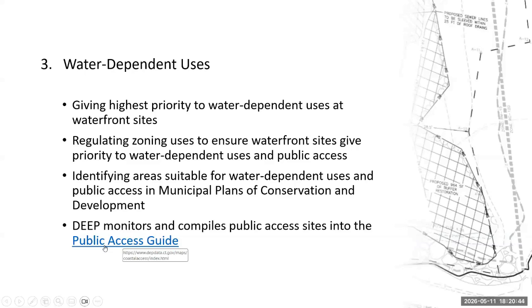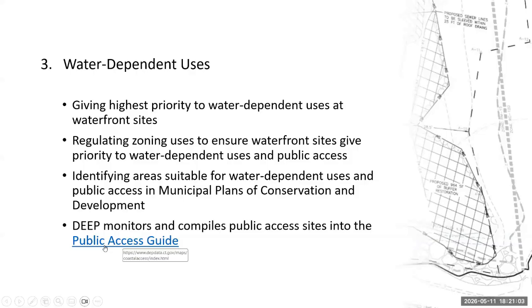And a lot of those things have kind of morphed over 40 something years of coastal management implementation into plans of conservation and development. But there are some towns who will identify, we want public access along this particular stretch of a riverfront, for example.